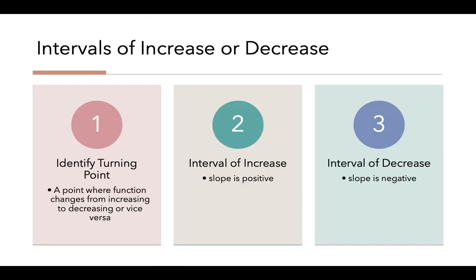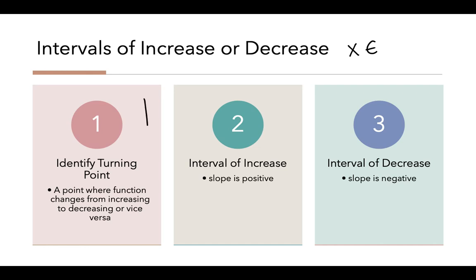Now, interval of increase or decrease. So for an interval, I'm specifically looking at the domain of x. The first step is you need to identify a turning point. A turning point is a point where the slope of the function changes from increasing to decreasing or vice versa.